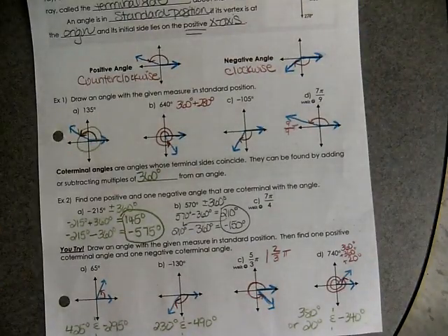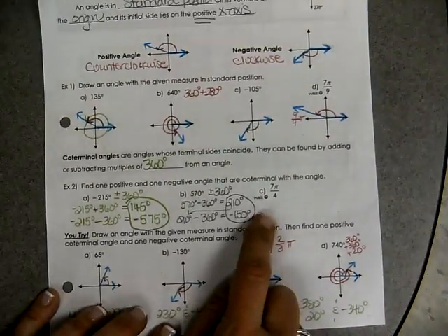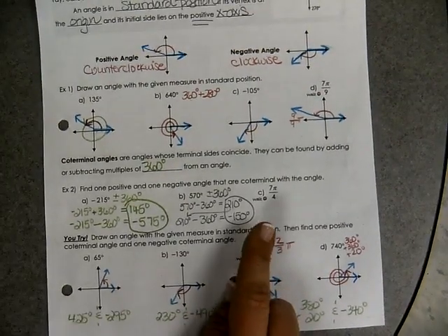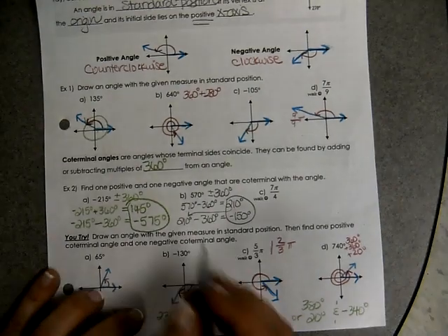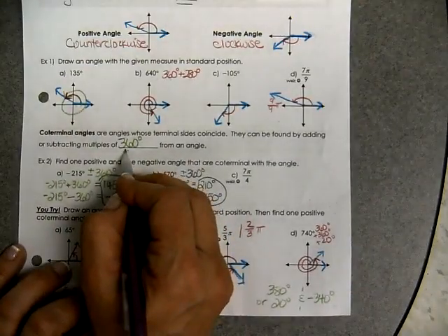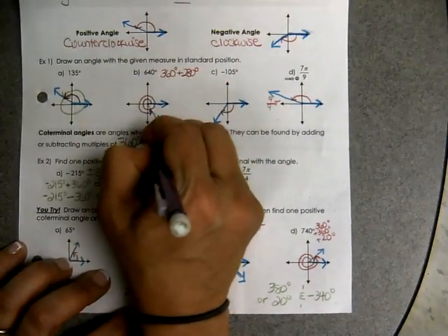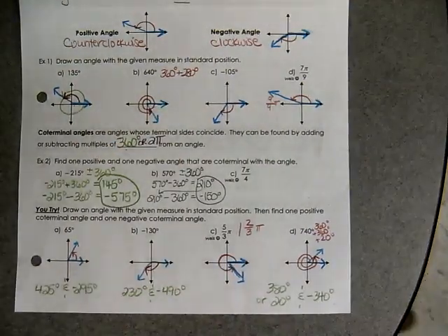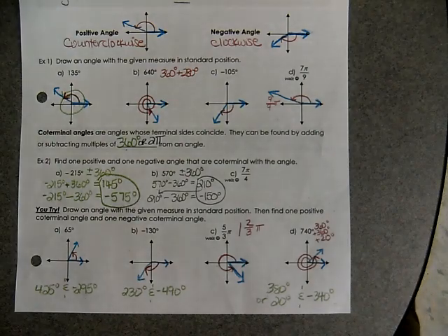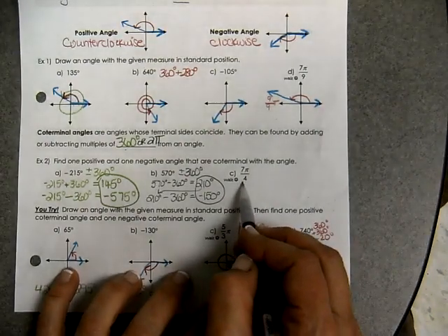One other thing before we go. Remember how we talked about coterminal angles? Well, we need to be able to do that with radians as well. What did we say that 360 was equivalent to? Good. So that means that we can also add and subtract 2 pi, which is what we want to do.